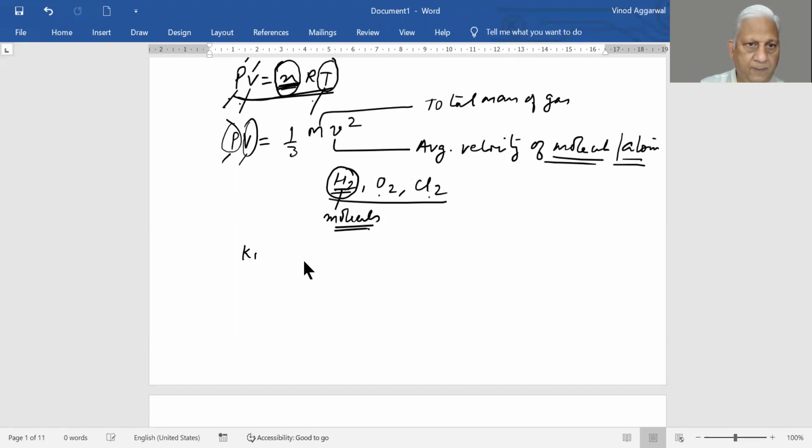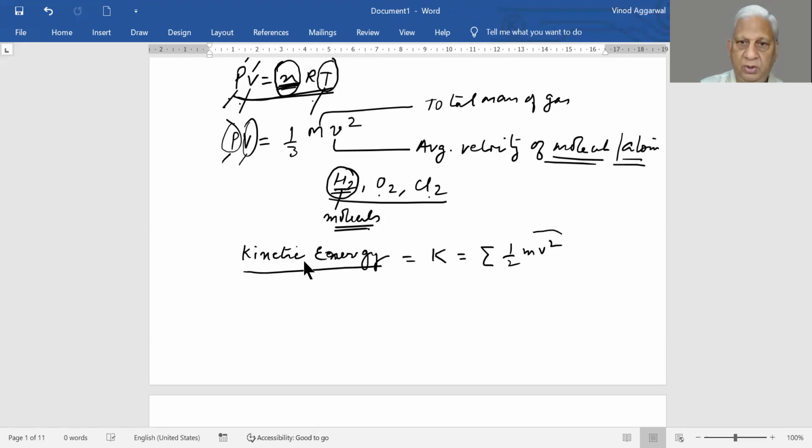Then kinetic energy, let's call it K, is equal to summation of kinetic energy of individual atoms or molecules.